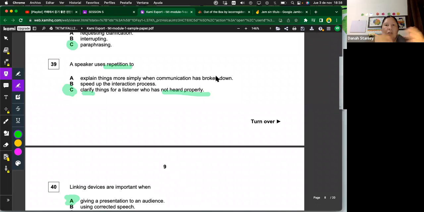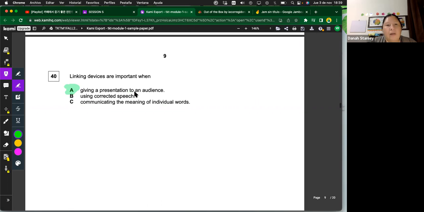There was an exchange of information and suddenly it was interrupted. So you need to retake or restart the conversation, but you don't repeat everything you said. And speed up the interaction process: you are not speaking faster, because here we are talking about repetition, and in this case, you are not repeating anything.